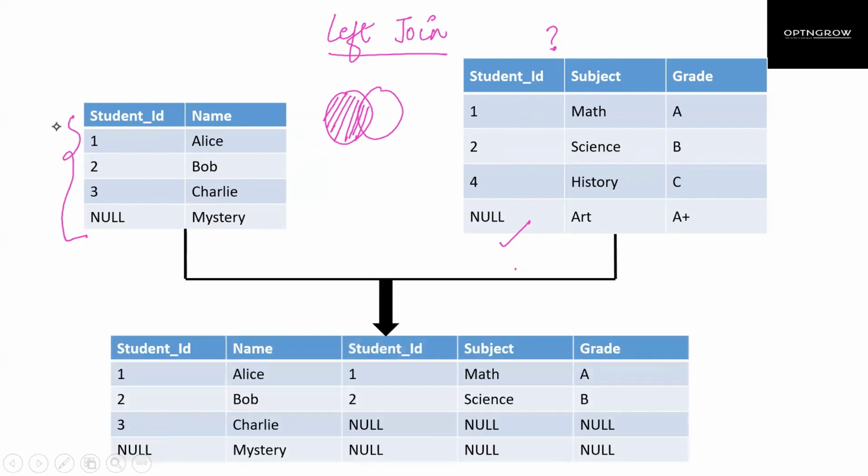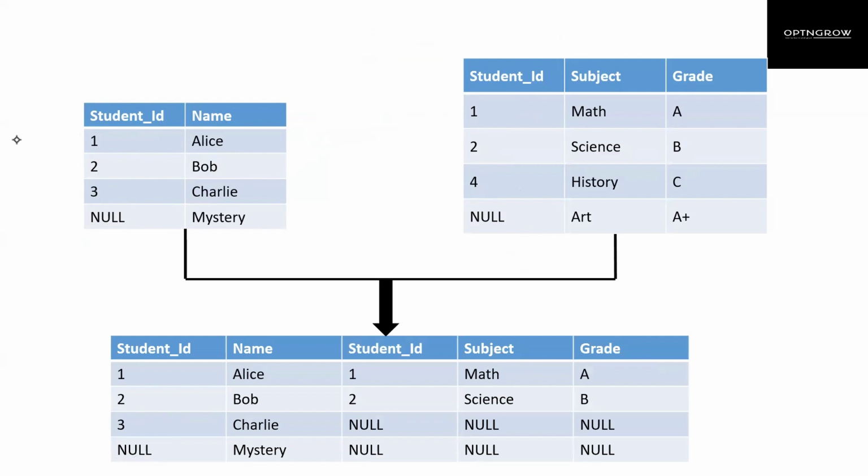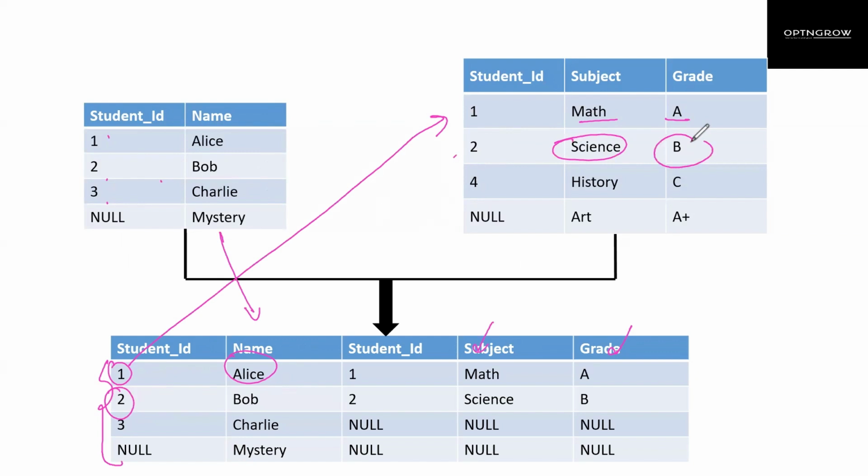Okay, perfect. As you can see on my screen, we have got all the rows from the left table: 1, 2, 3 and null, and the names. Now let's look into the right table. For 1, Alice, because we already have 1 over here, it will take maths and A. For 2, Bob, it will take science and B, because we have matching values in the columns.